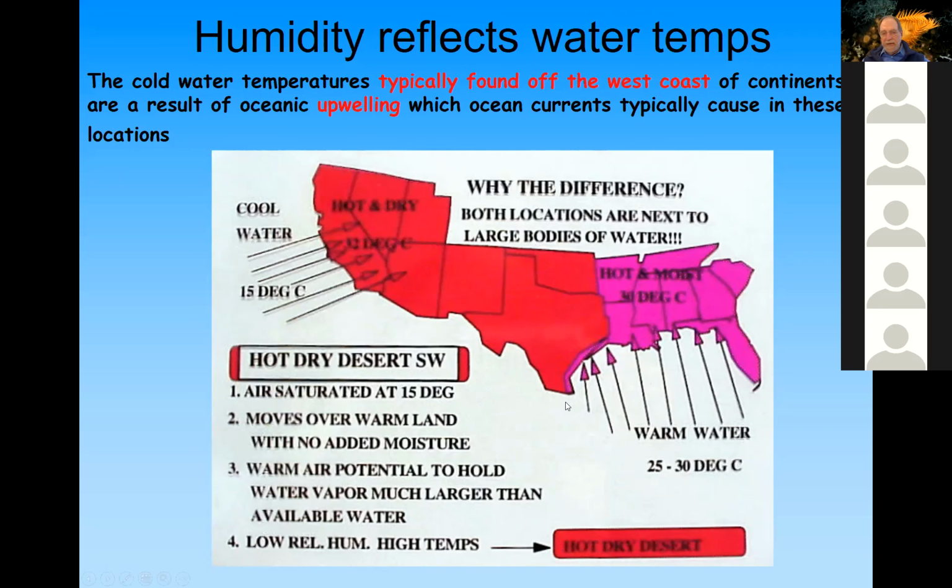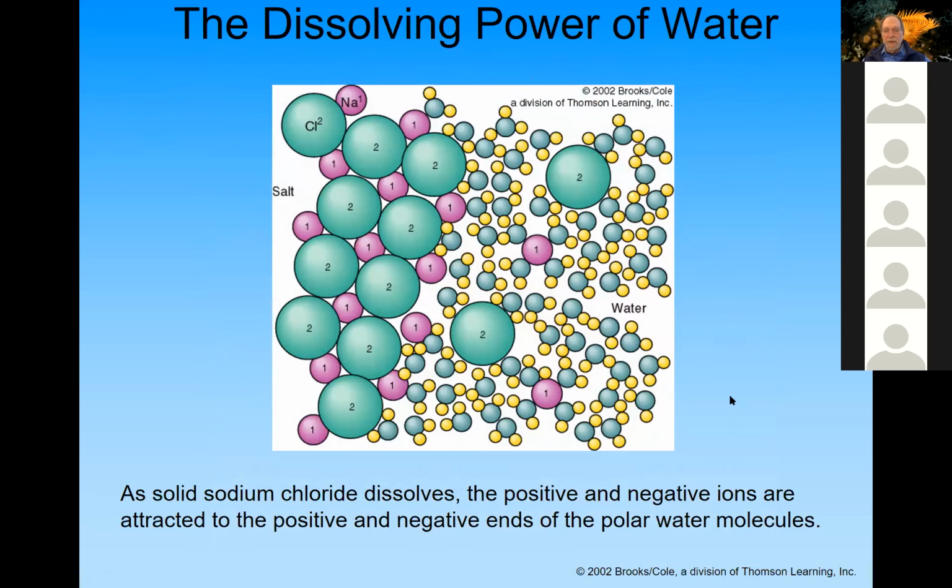We also looked at the dissolving properties of water. Water is called the universal solvent. And so most organic or ionic compounds can dissolve in water. And the example we gave is salt, sodium chloride.